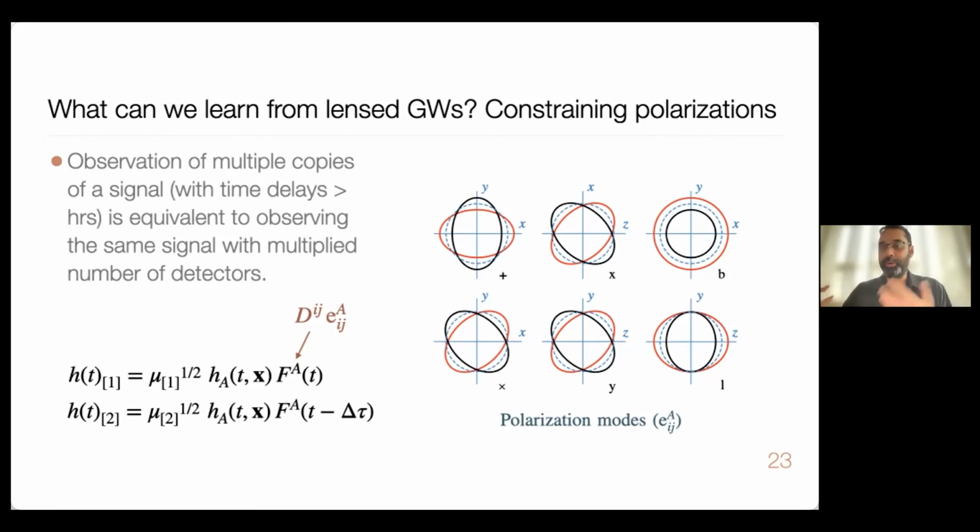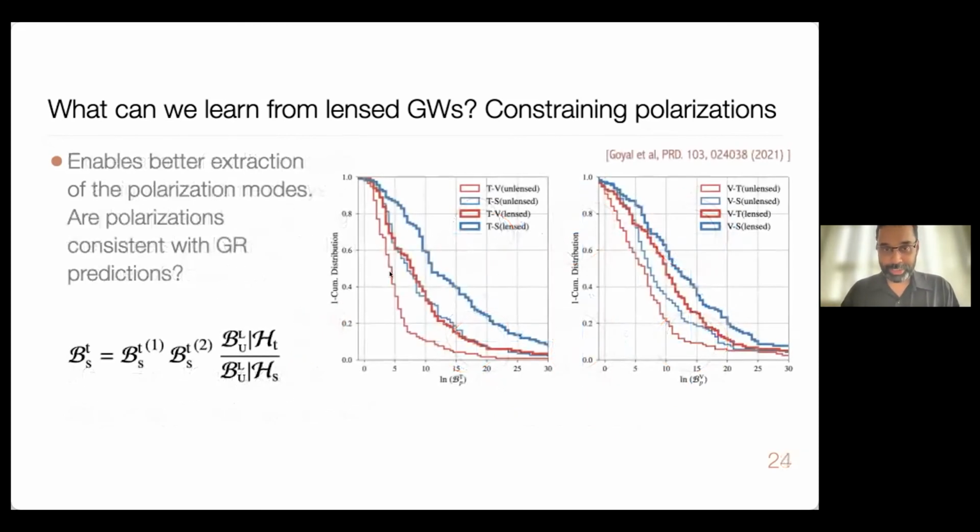However, if you observe a lensed gravitational signal using these 4 detector network or a 5 detector network, you have double the number of linear combinations to work with. And so one of our young colleagues, Srishti, investigated this, and she found that our ability to distinguish between different models of the polarization content would significantly improve when we work with lensed gravitational signals.